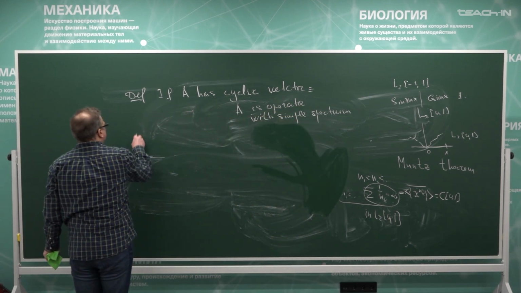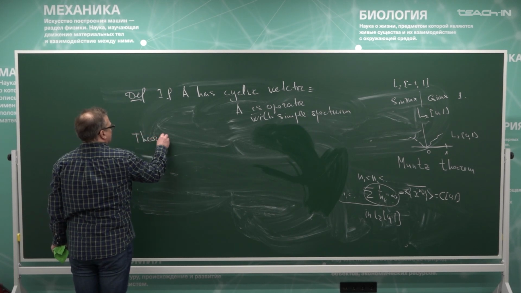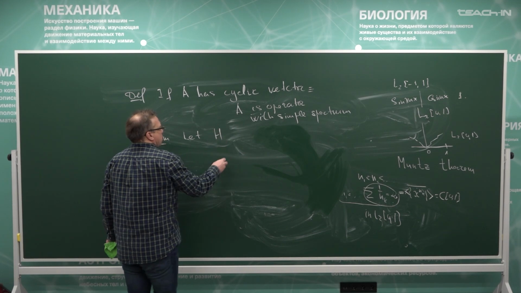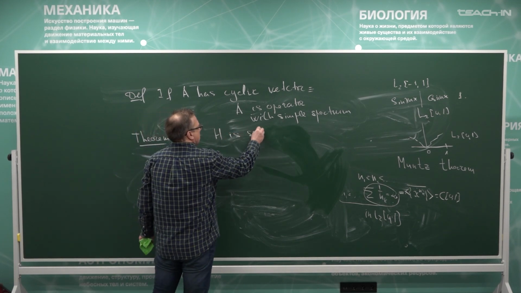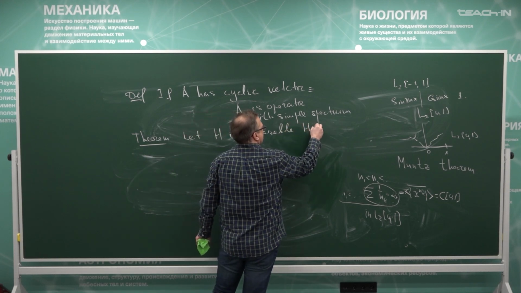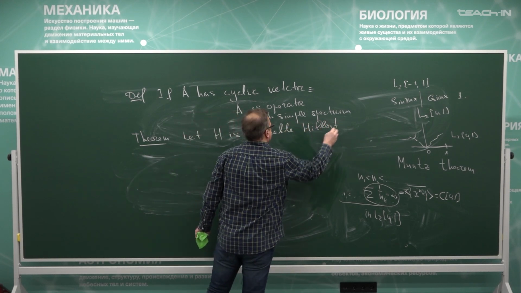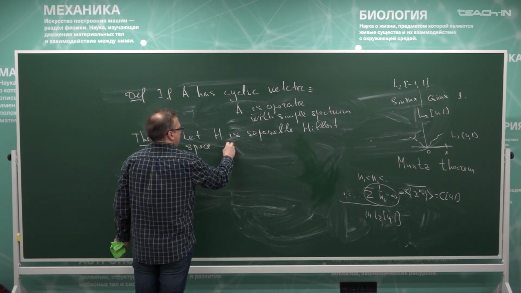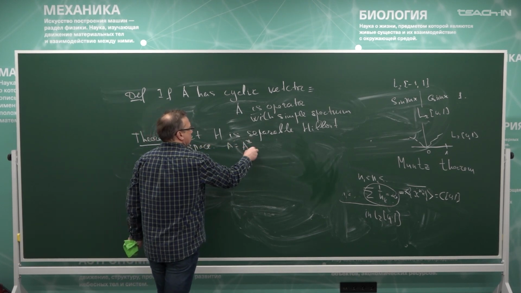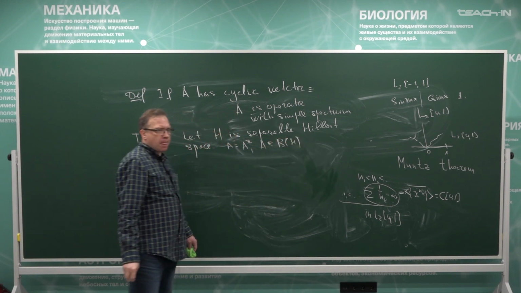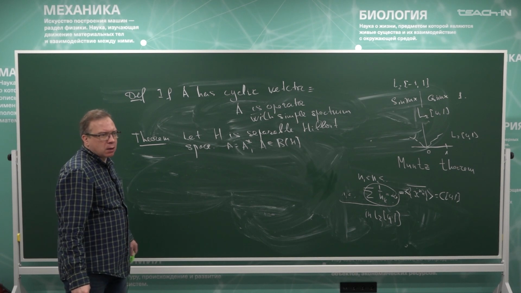So, theorem. Let H be a separable Hilbert space. A is self-adjoint and bounded. I consider only the bounded situation. And A has a cyclic vector.